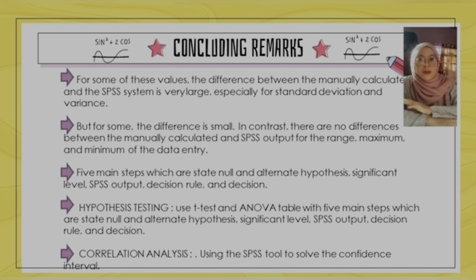Using SPSS is a very useful tool for our group to solve the confidence interval. In addition, we construct a theoretical regression model that allows us to use several variables at once to explain the variation in a continuous dependent variable to form a multiple linear regression. Thank you.